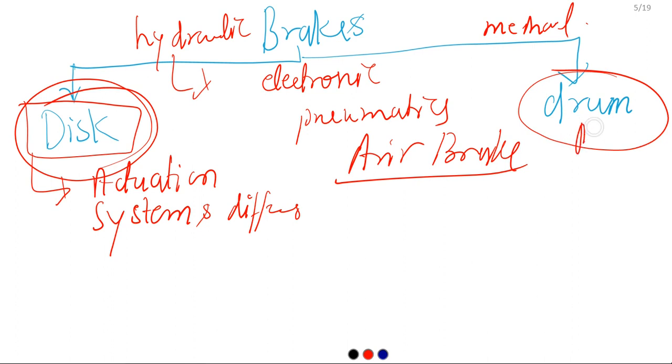So that is maybe this drum or maybe this kind of disc.